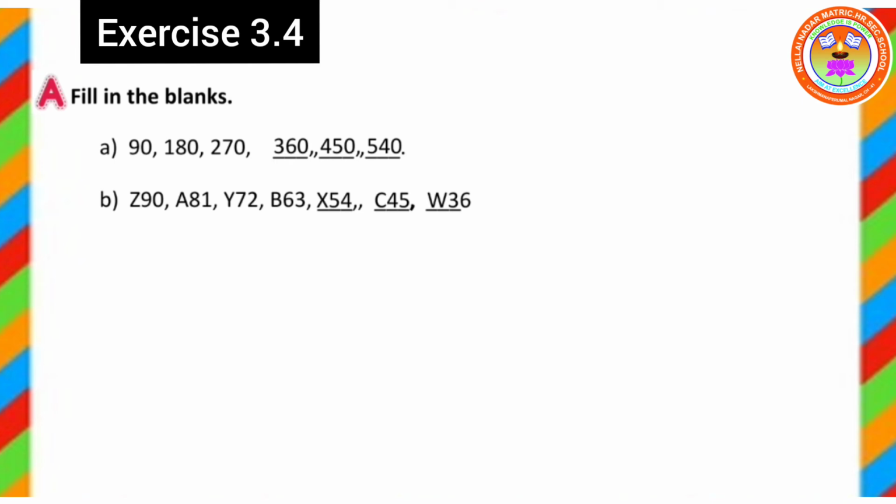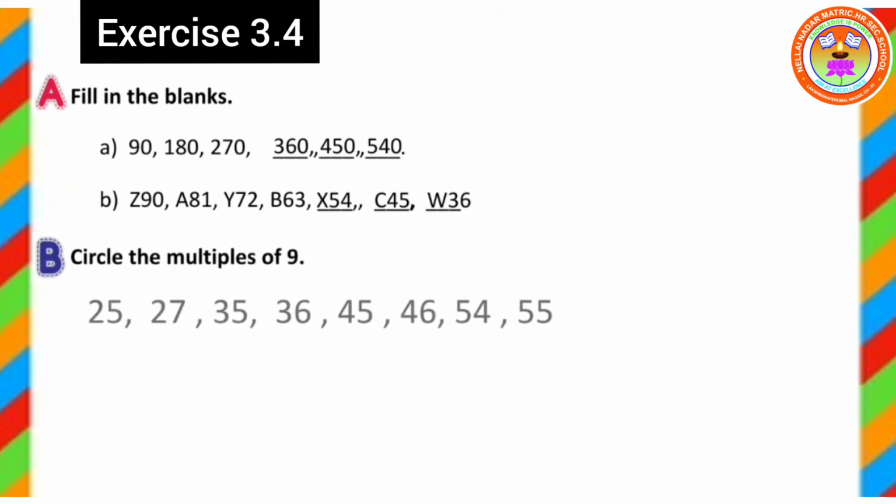A, leave it B, leave it C. Can you understand? Next, circle the multiples of 9. 25, 27, 35, 36, 45, 46, 54, 55. 2 plus 5, 7. So, that is not a multiple of 9. 2 plus 7, 9. 3 plus 5, 8.